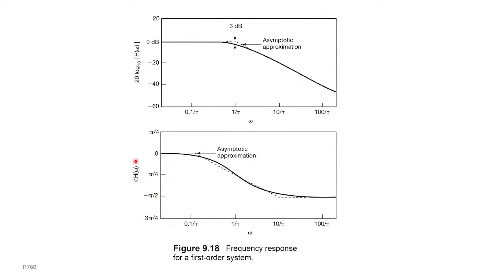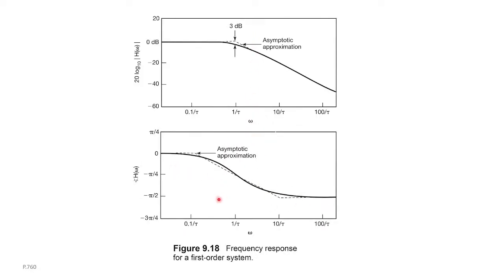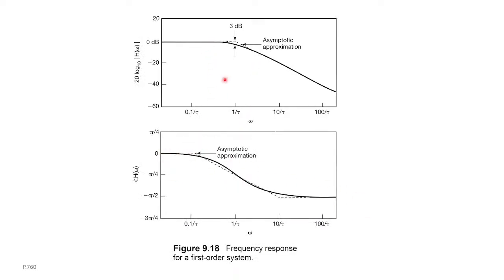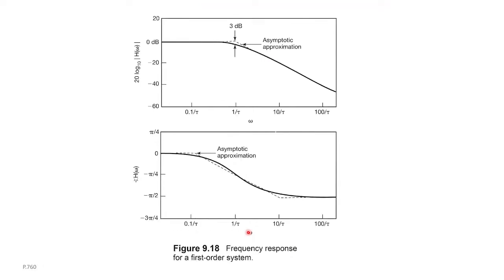And we can also plot the angle, and you can see that when omega is around 0, the angle should be 0, and as omega goes to infinity, the angle should become negative pi over 2, and also decay at the point around 1 over tau. Any question about the first order system?